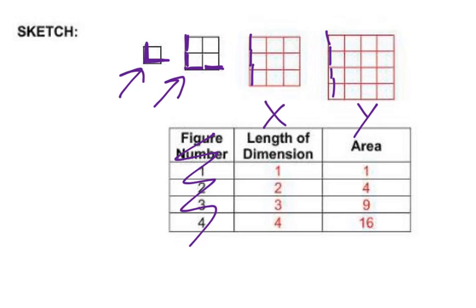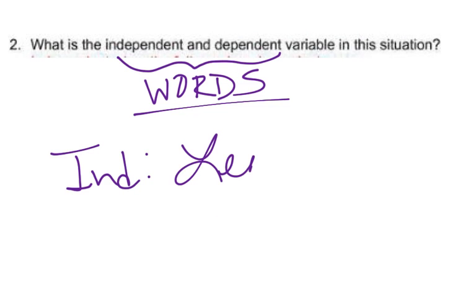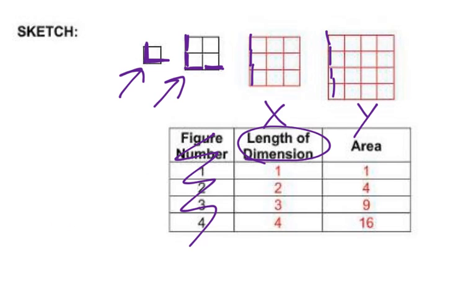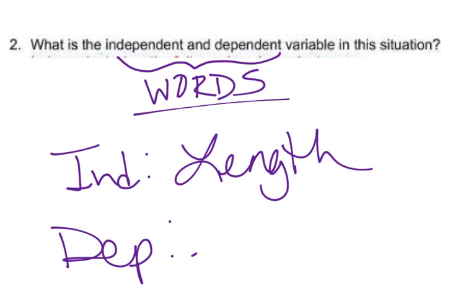Here's my x, here's my y. It's always going to be in that order on the table. So what are the words that x stands for? Length of dimension. So your independent is your length, which means that your dependent's the y, which, if you look at your table, is going to be area. It's always looking for words here.